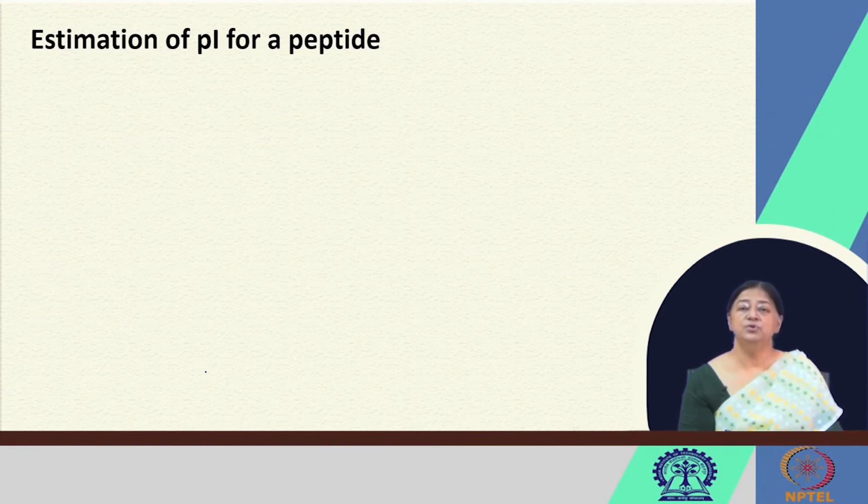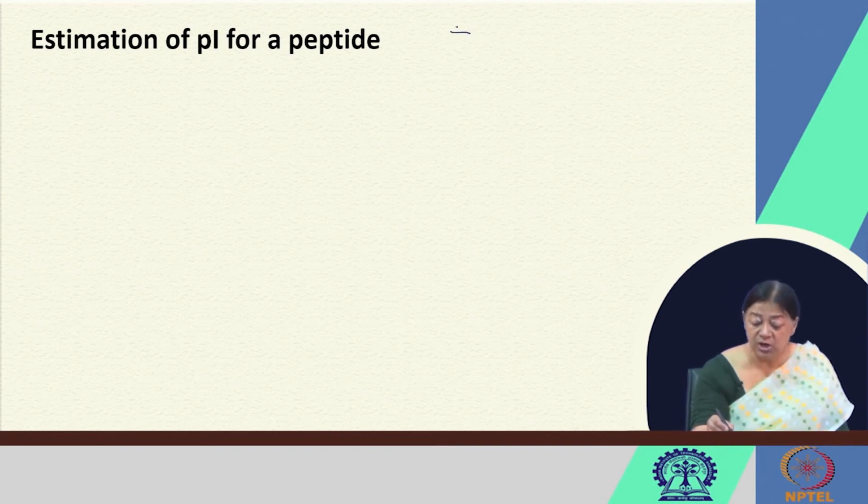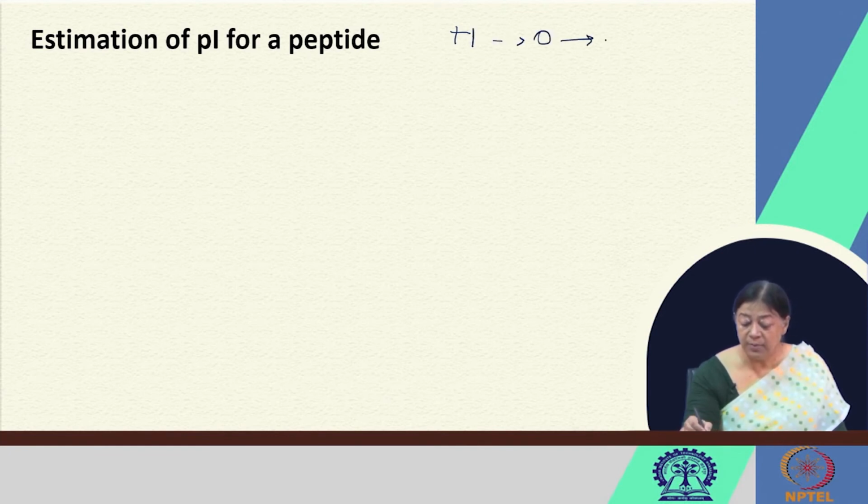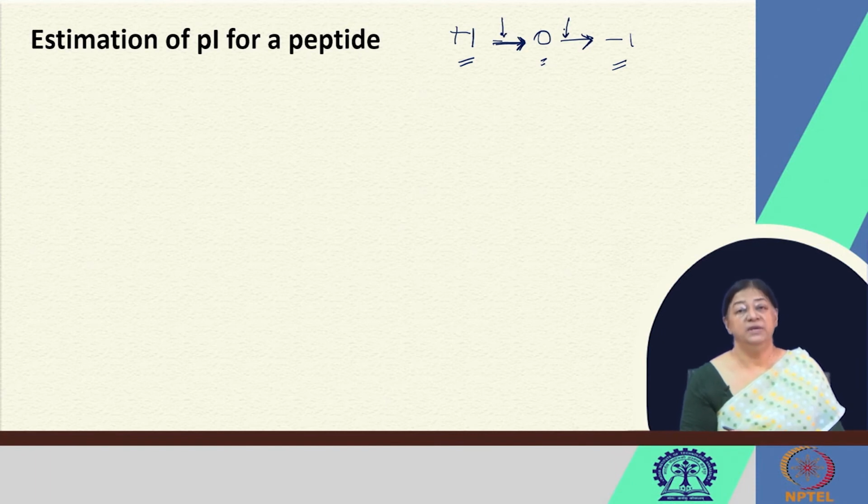The first thing that we have to know is what are the ionizable groups present, what are the protons that can be lost during the titration of this peptide, and based on that we know that if we go from a charge of +1 to 0 to -1, if we remember what we did for the amino acid, the pKa values responsible for taking the species, be it an amino acid or a peptide, from +1 to 0 and from 0 to -1, it is the average of these two pKa values.